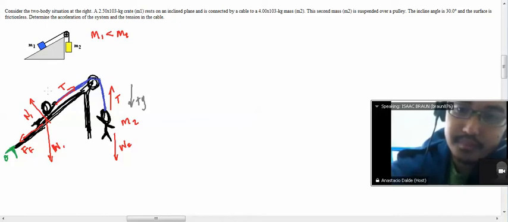I know that it's a little funky, but I'm going to call it this way. You know, that usually looks like X. Why do I do that?